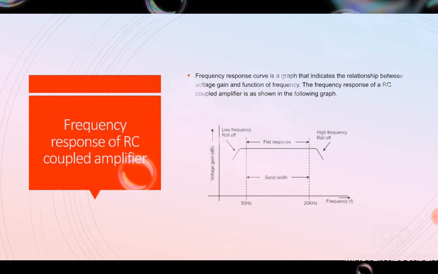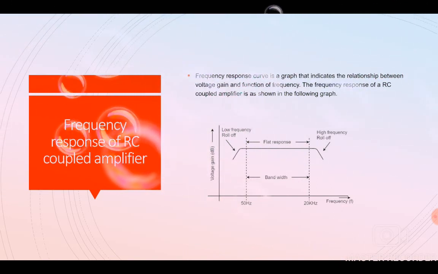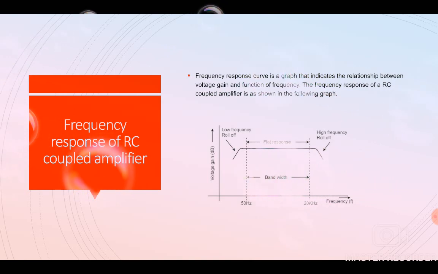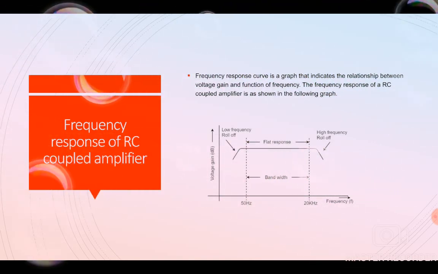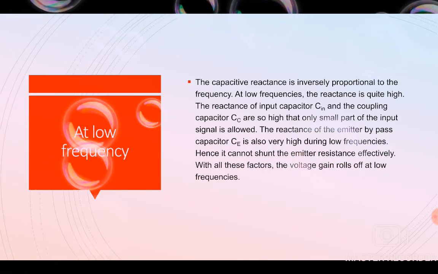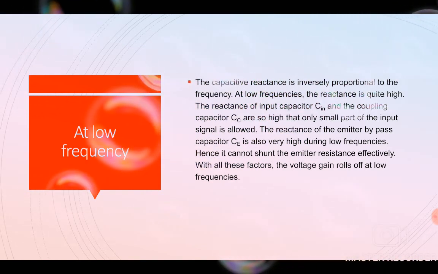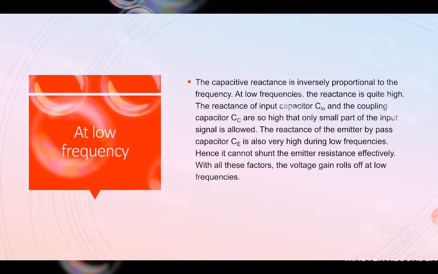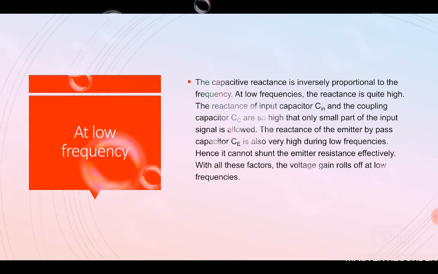Now we will discuss the frequency response of RC coupled amplifier. Here this graph shows voltage gain versus frequency. At low frequency, the reactance is quite high, and we know that the capacitive reactance is inversely proportional to the frequency.